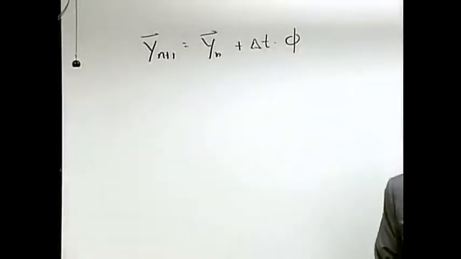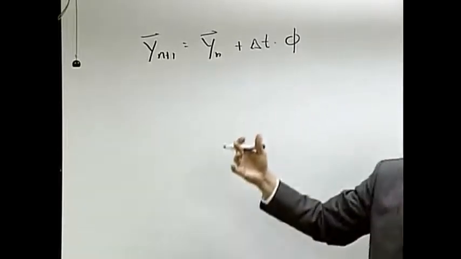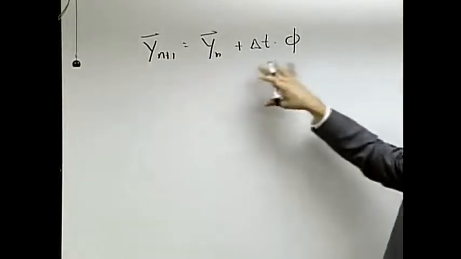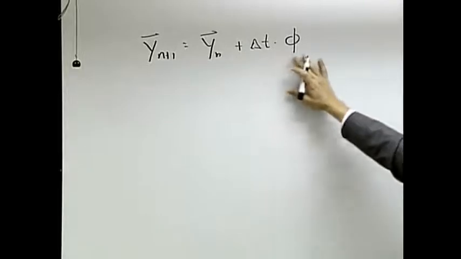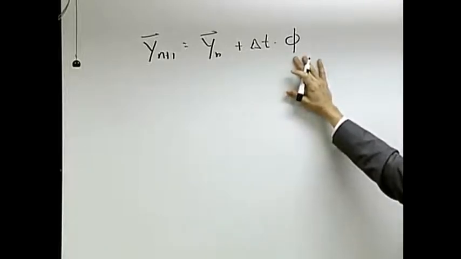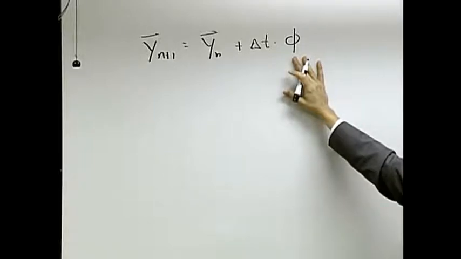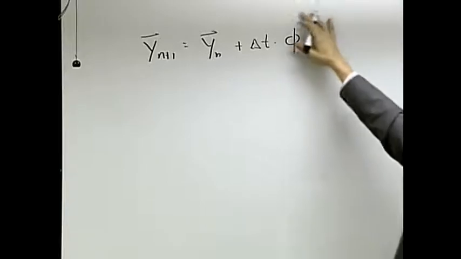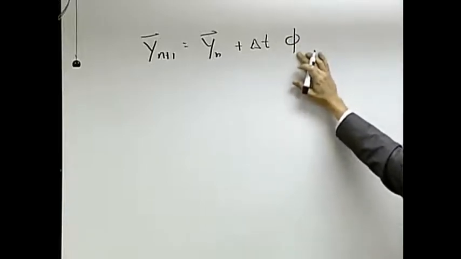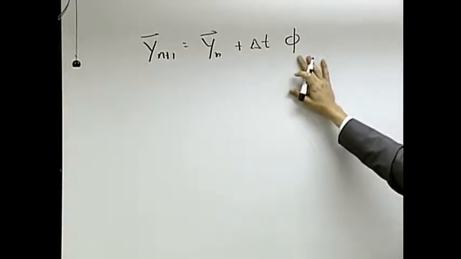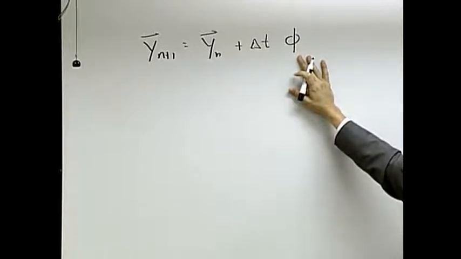I can set up an iteration scheme where my future is what it is now plus a little bit of something. And Euler is just one way to do this, right? Euler is the most simple-minded way to do a stepping-forward scheme. But maybe I can pick fancier things here and do the same thing, and maybe even get something more accurate and stable.